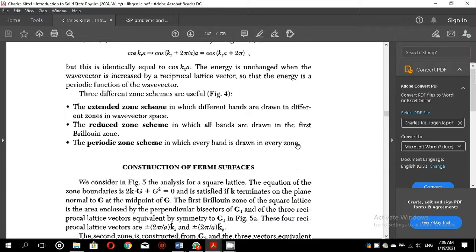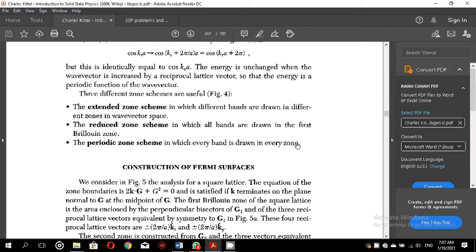Now let us come to the Fermi surfaces and the construction of Fermi surfaces. You have so far felt the significance of the Fermi surface, because this is the surface which determines the properties of a solid, all sorts of properties.